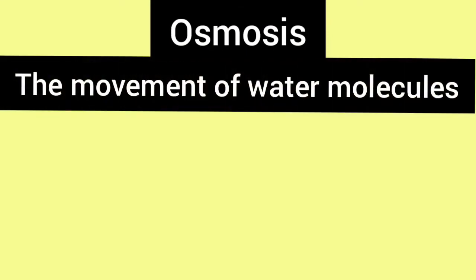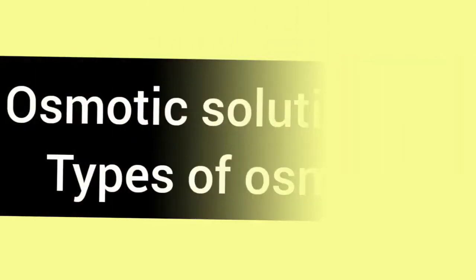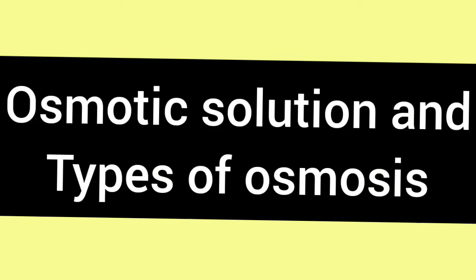Now what is osmosis? Osmosis is the movement of water molecules, and do you know osmosis is also called a special kind of diffusion, in which water molecules move through a selectively permeable membrane. So, osmotic solution and types of osmosis. What do we mean by osmotic solution and types of osmosis?